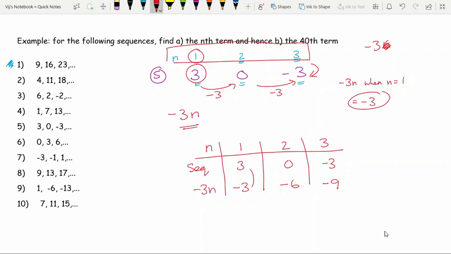And then from this, what I want to do is decide what do I need to do to get from the minus 3n number to the number in the sequence. And from there, we are adding 6. So the formula then will be minus 3n plus 6, or we could write it as 6 minus 3n. And we go from there.